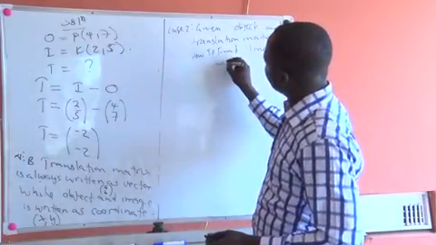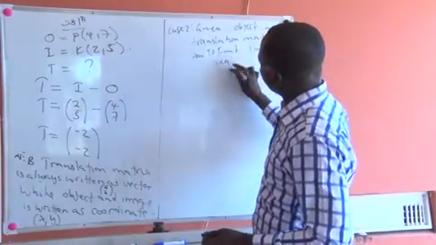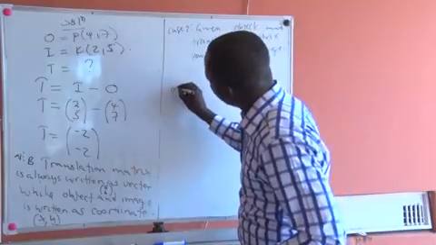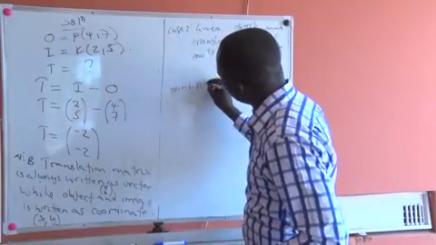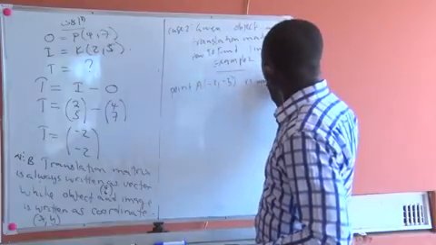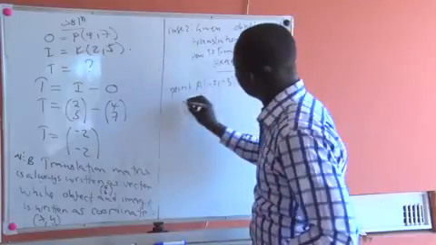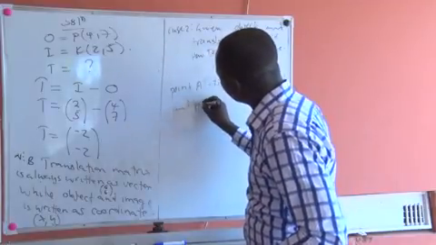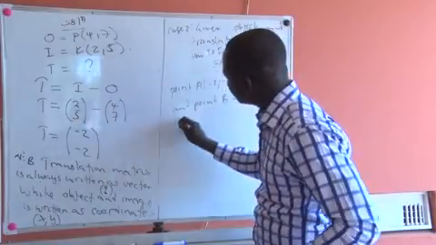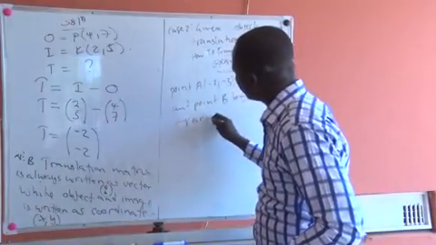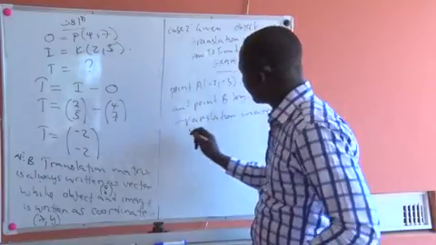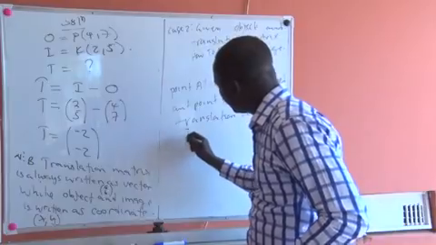So we can say example number 2. Point A (-2, -3) is mapped onto point B by the translation matrix (-7, 1).